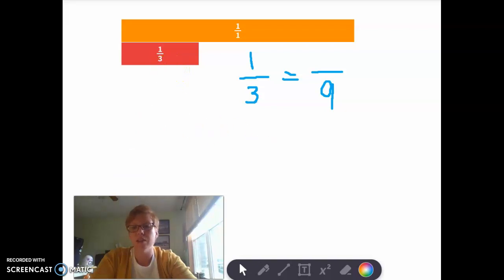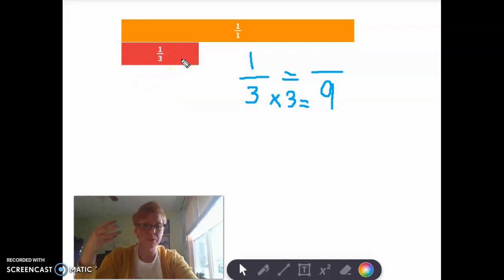Well, let's ask ourselves, what am I multiplying my denominator by to get to 9? 3. 3 times 3 is 9. That means my fraction will be split up into 3 times as many pieces because I'm trying to get my denominator to 9. So let me pause my video and get my 9 pieces up.